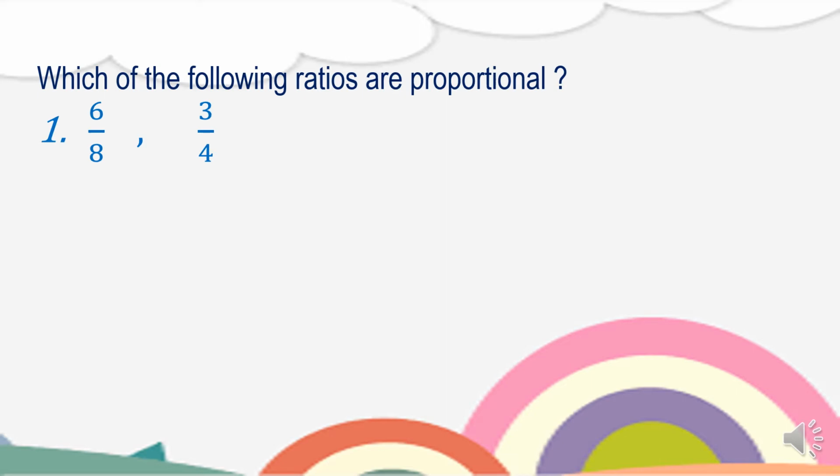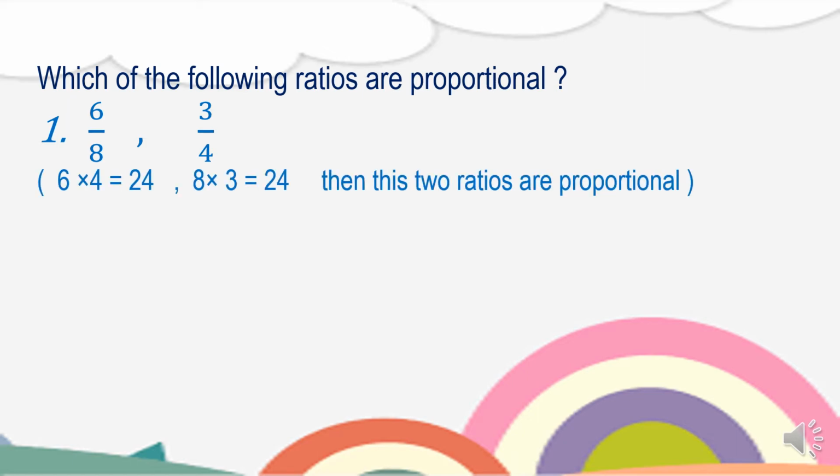So I multiply the extremes: 6 times 4 equals 24, and the means: 8 times 3 equals 24. Then these two ratios are proportional.